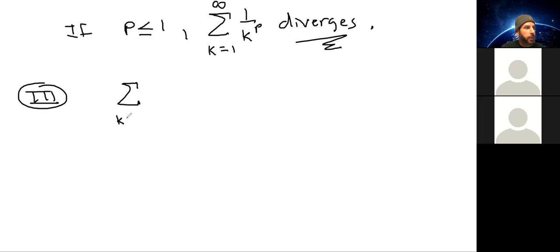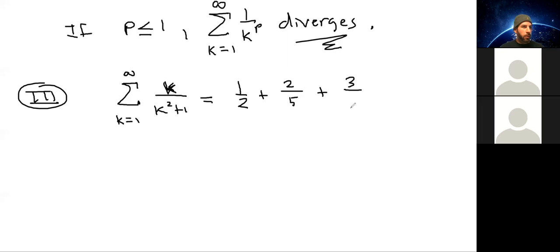Let's take the sum from k equals 1 to infinity of k over k squared plus 1. Will this converge? Let's remind ourselves what this is. This is going to be 1/2, and then when k is 2, you get 2 over 5, and when k is 3, you get 3 over 10. So we want to know, does this converge?